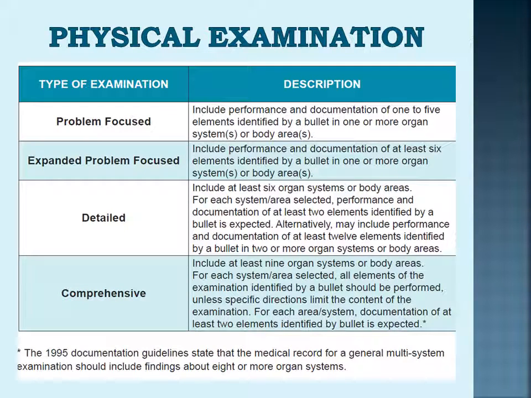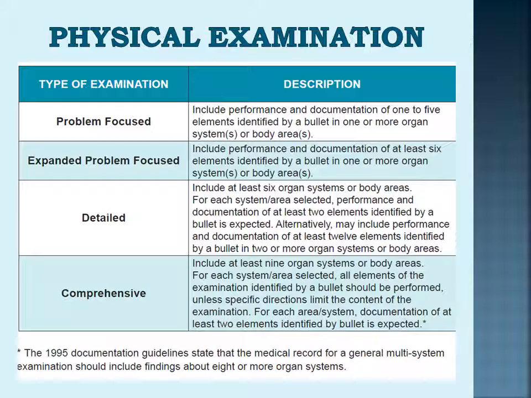Let's take a look at the next component of the CPT code, and that's your physical examination. Again, as we go down the list, the level of the E&M service gets more extensive as the type of examination becomes more comprehensive. We usually start with the problem focus, which can be a very limited exam of just the affected body area or the organ system.